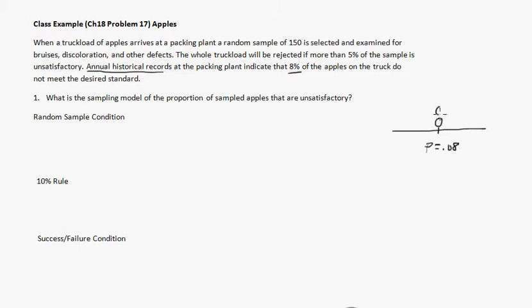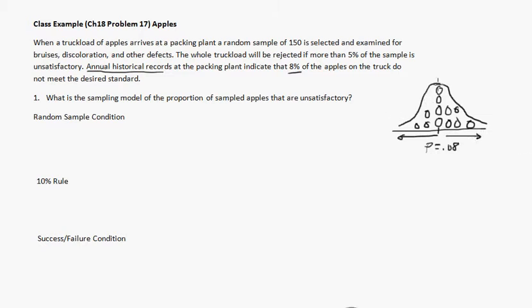So we would expect to get a histogram like this. However, we know that it's going to vary. So what we would like to do is build a model that tells us not just what to expect in terms of the center, but also what to expect in terms of variability.